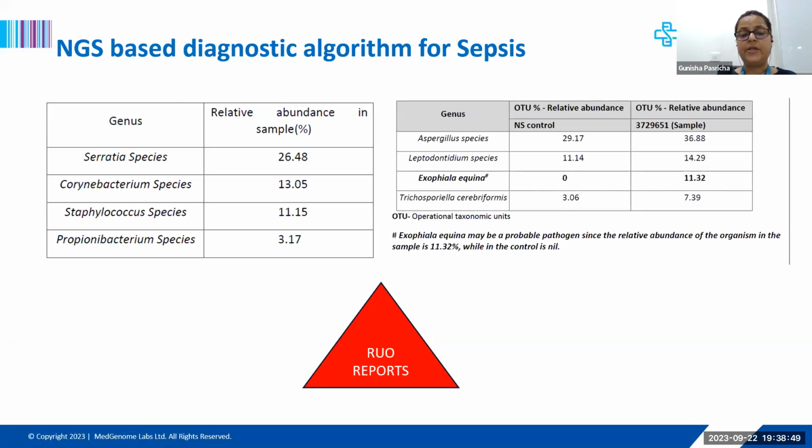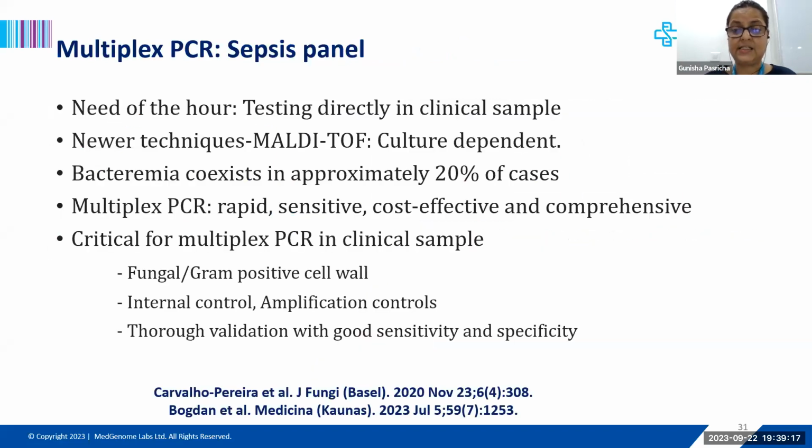Obviously, we are working on algorithms so that the subjective factor, which needs to be seen manually, can be taken off and included in a bioinformatics pipeline and algorithm. All that is again taken care of, and a more clinician-friendly report can be given. However, each and every report is discussed with the ID specialist as well as the treating doctor.